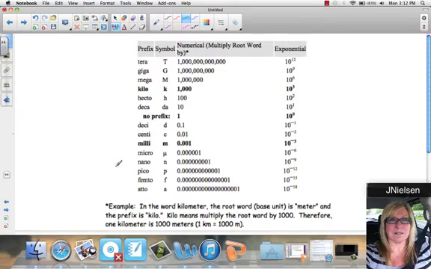So for example, in the word kilometer, the root word or base unit is meter, and the prefix is kilo. Well, if we look at kilo, kilo is 1,000 or 10 to the third. So that means to multiply the root word by 1,000. Therefore, 1 kilometer is 1,000 meters. Sounds pretty easy, right? Okay, let's continue.